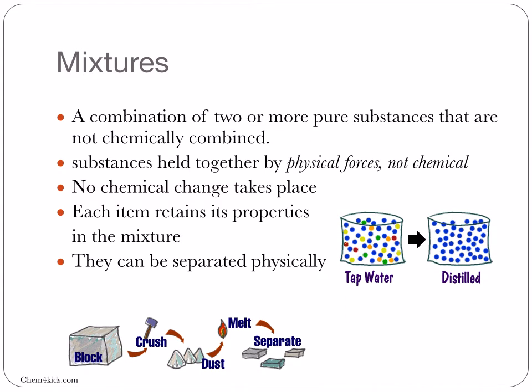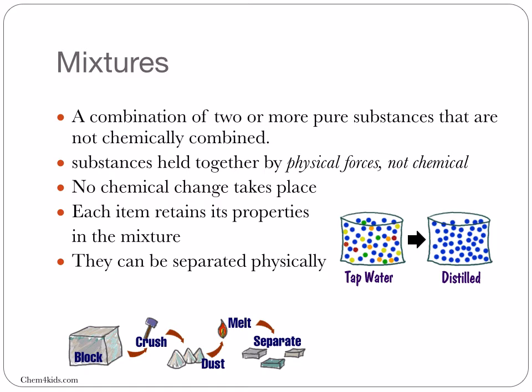Mixtures, on the other hand, are a combination of 2 or more pure substances that are not chemically combined. They're held together by physical forces, not chemical. So if I'm making chicken noodle soup and I put all of the ingredients into the pot, that's held together by a physical bond. I could separate those out, and no chemical change takes place.